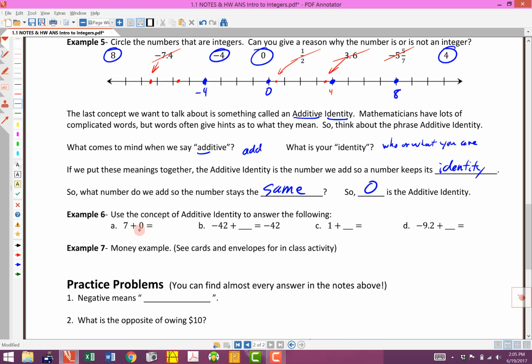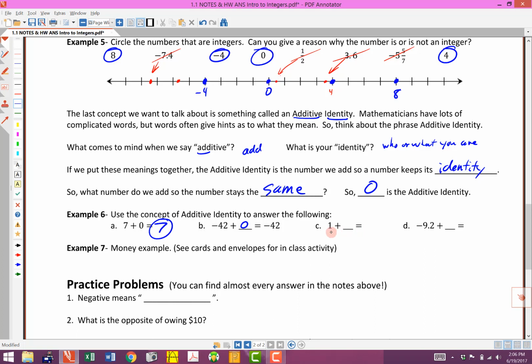7 plus 0. This is cool when we learn how to multiply by 0 and add 0. The number just stays the same here. So we get a 7 on this one. There's the answer on that one. -42 plus something equals -42. Well, since it's keeping its identity, the number is staying the same. This has got to be a 0.